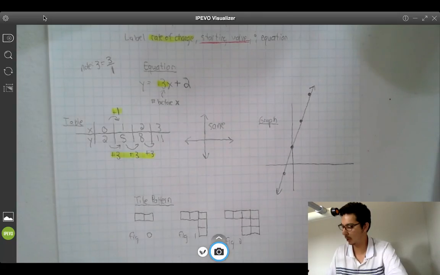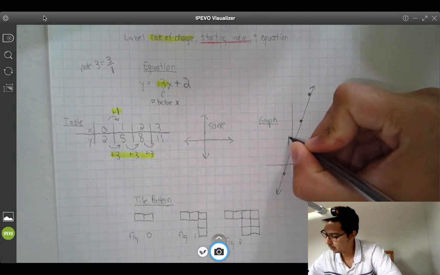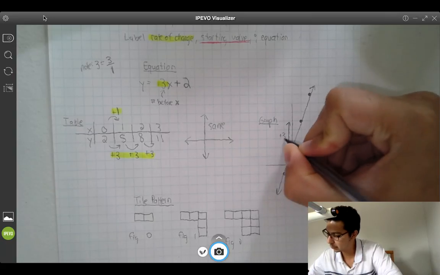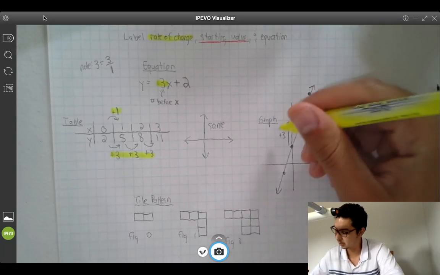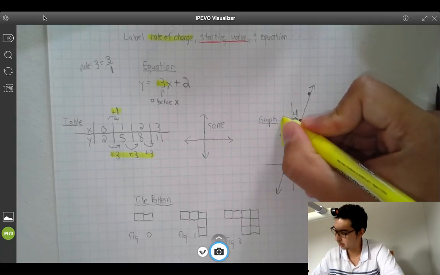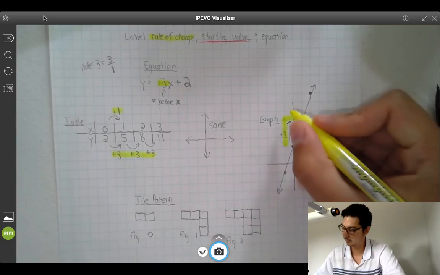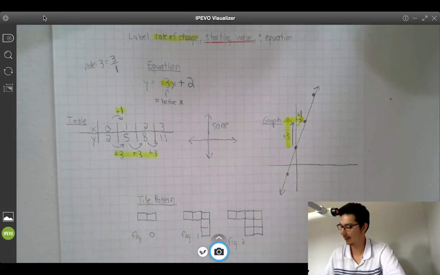Where's the plus 3 on a graph? That is how you're changing from point to point. So it's going up 3 from this point to this point. If I just focus on these two, it's going up 3, right 1. And there's your rate of change on a graph, the plus 3 over 1. That's the slope. I don't know if you see those arrows.